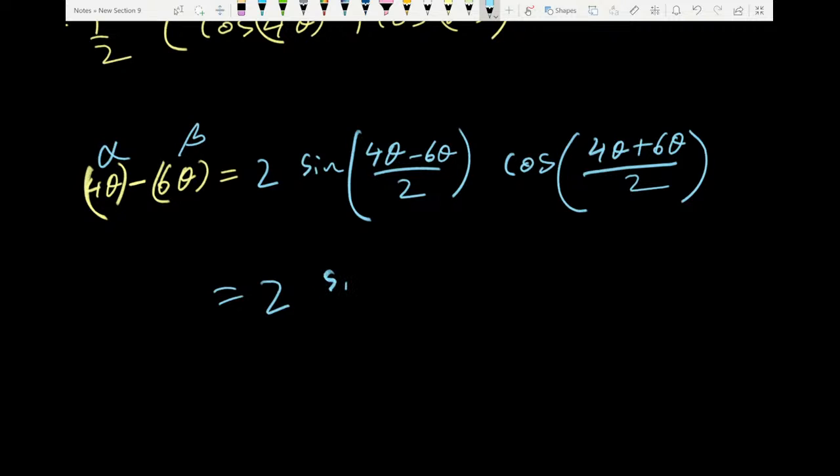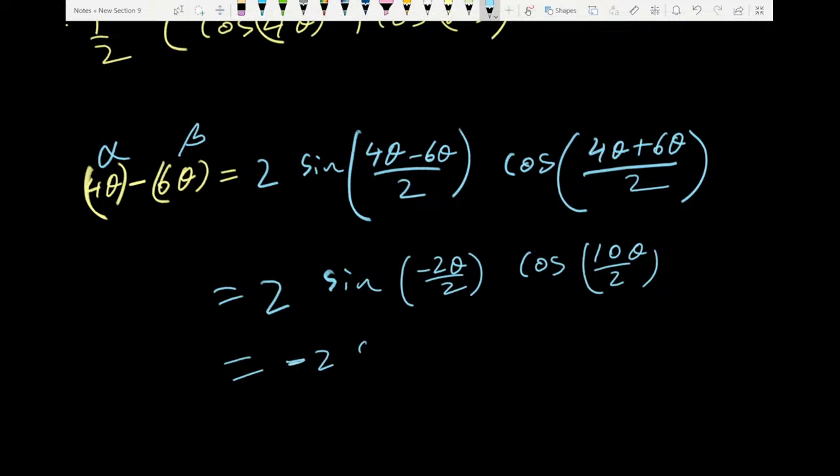And this simplifies: sine of negative 2 theta over 2, and you get cosine of 10 theta over 2. This simplifies more, and the negative comes out because it's an odd function. Cosine of 5 theta.